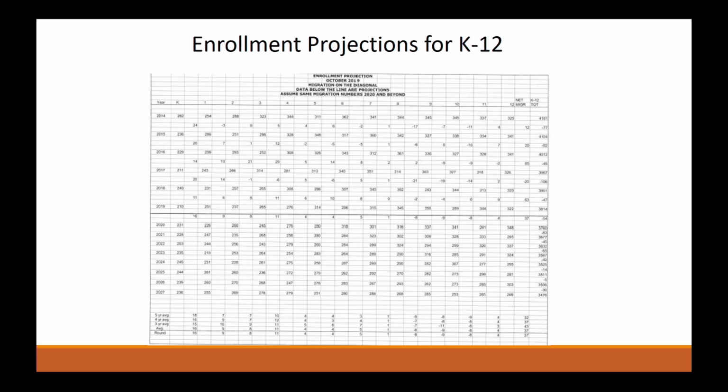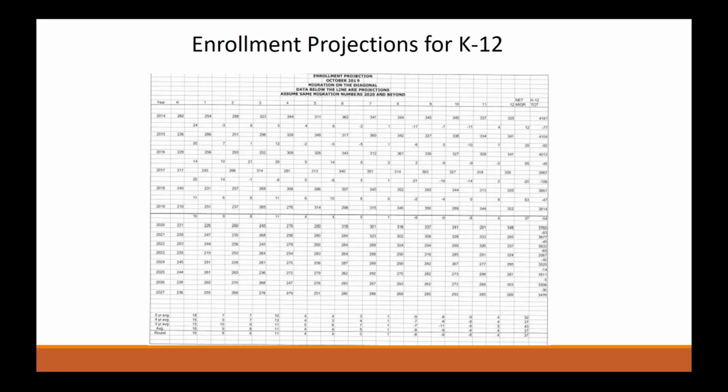And why we do that is we don't want any particular year to have more weight than another year. So we take a 5-year average, a 4-year average of the most recent 4 years, and then a 3-year average of the most recent 3 years in order to come up with what the average migration is of a student moving from, for example, kindergarten to first grade.